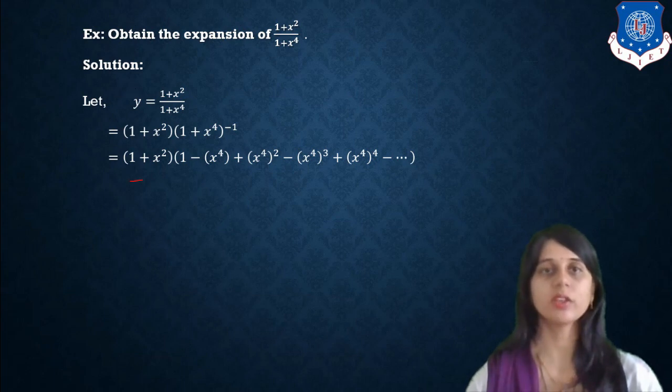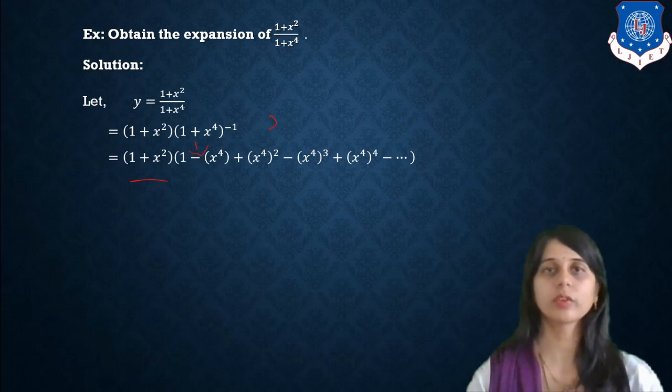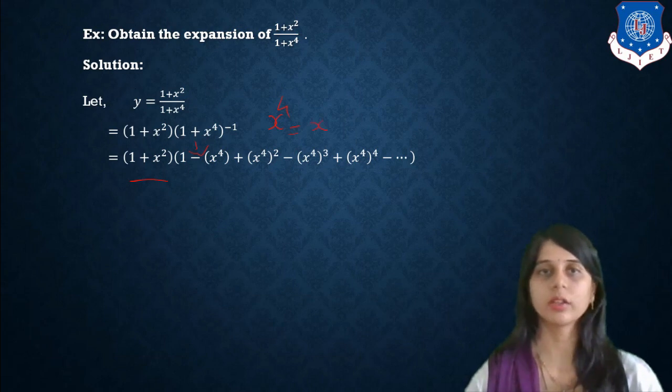Now, what is the series formation of (1 plus x raised to 4) raised to minus 1? If we take x raised to 4 equal to x, then it is 1 minus x raised to 4 plus x square minus x cube plus x raised to 4 and so on. This result is obtained from the binomial series.